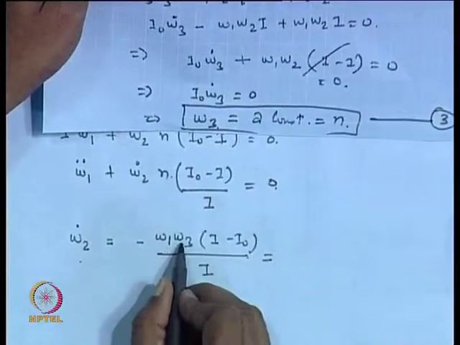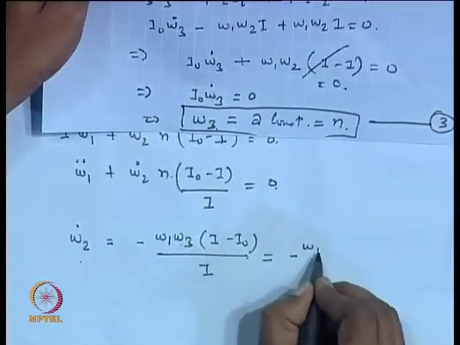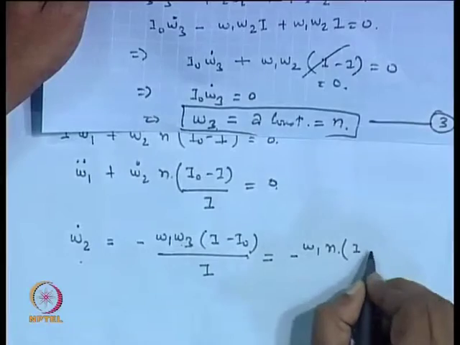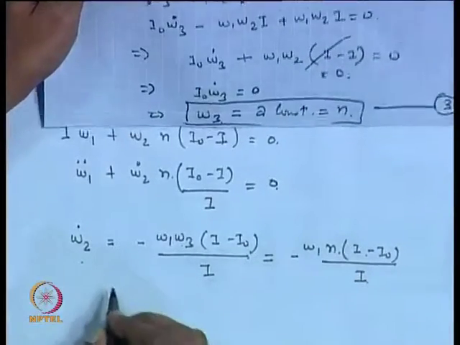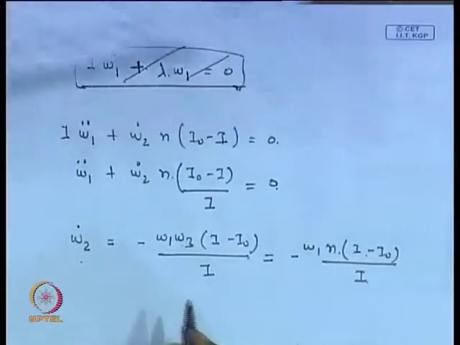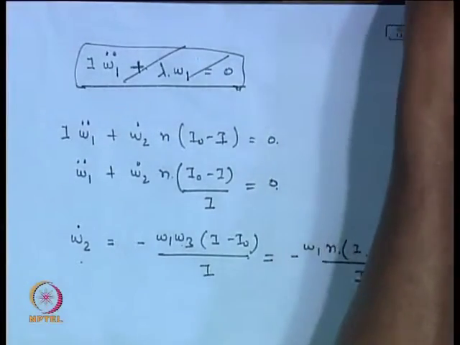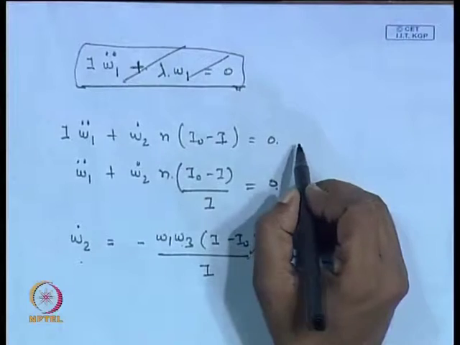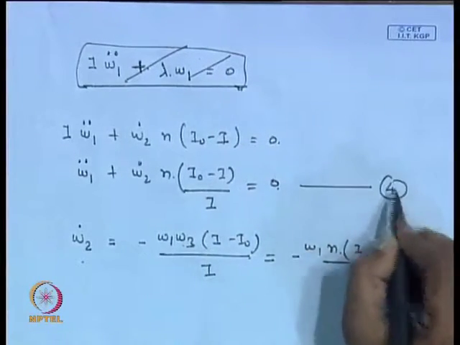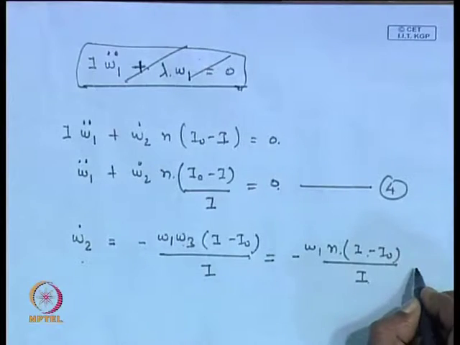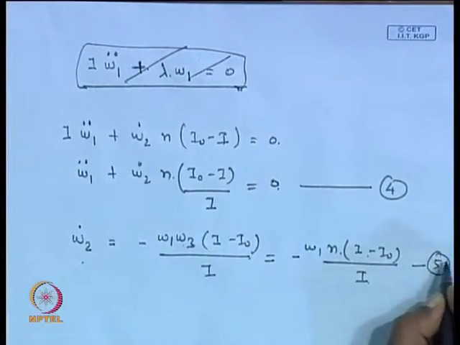So, here we can put omega 3 is equal to n in this step, (I minus I 0) divided by I. Okay. Now, we will use this equation, and we will name this equation as equation number 4 and this as equation number 5.